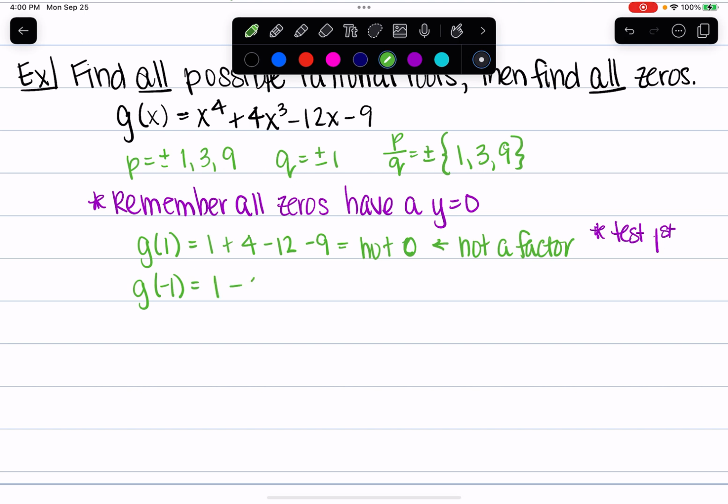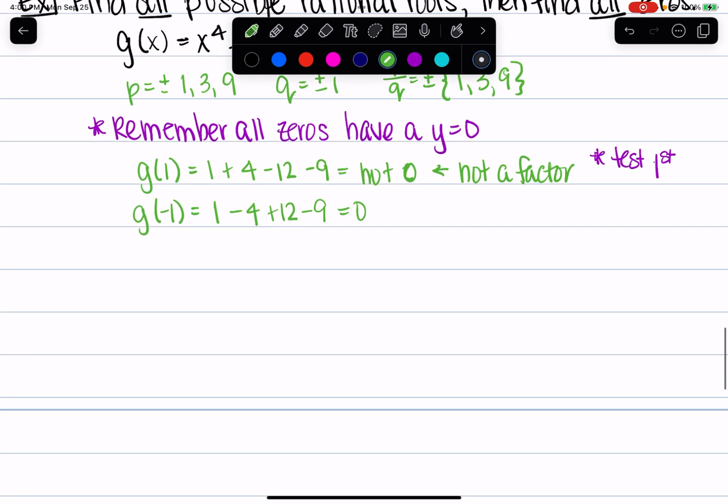That would make this negative 4, that would make that plus 12, and that would keep that at negative 9. 12 plus 1 is 13, and negative 9 and negative 4, so this would be 0. So negative 1 would work. So let's put that on our shelf.